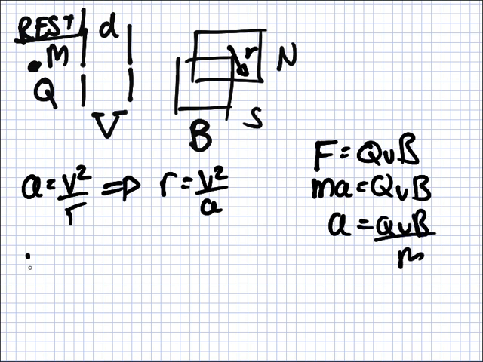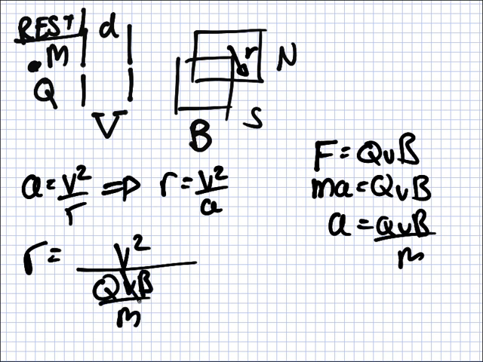So now I get r equals mv squared over QvB. But of course this v cancels with this v, and as you said, Zach, it's mv over QB.